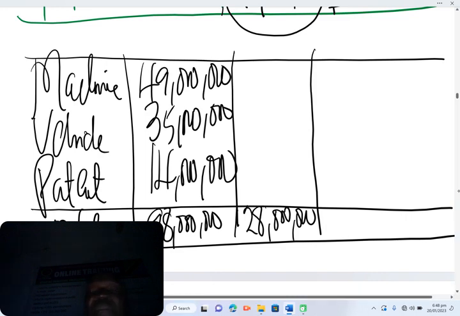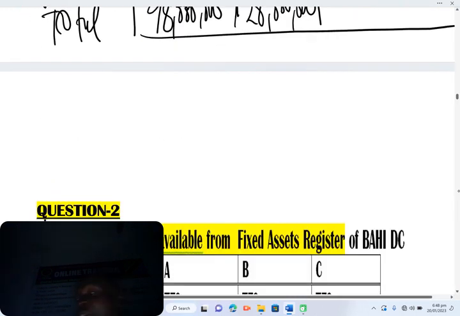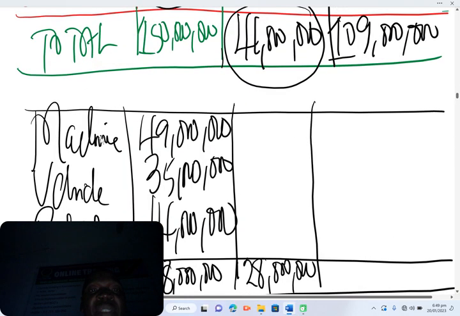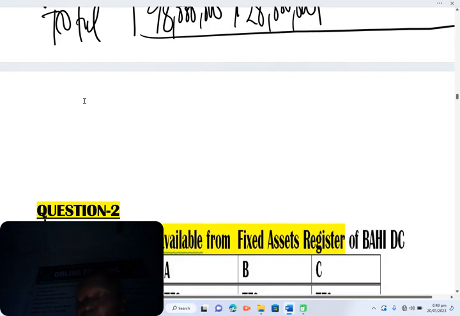For example, the machine itself. The machine had a carrying amount of how many? It is 49, isn't it? Okay. So take 49 over the total. The total asset is 98.